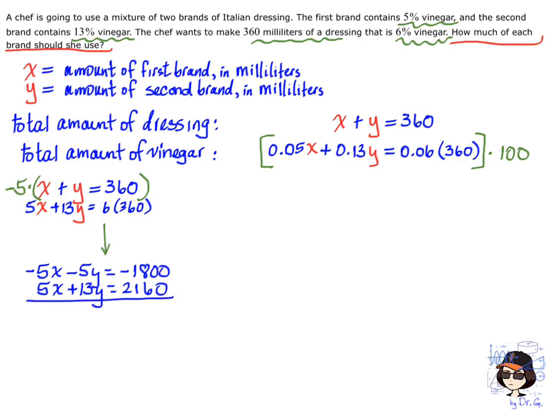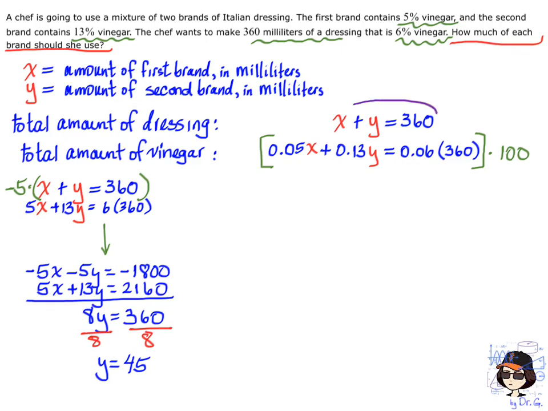So now if I add those two together, I get 8y equals 360. Divide both sides by 8. And I get y equals 45. And now I just need to go back to one of the original equations.